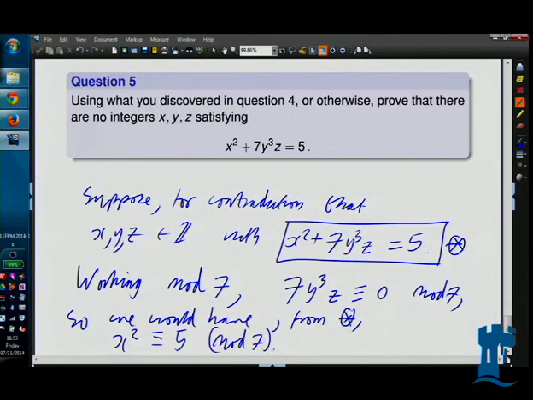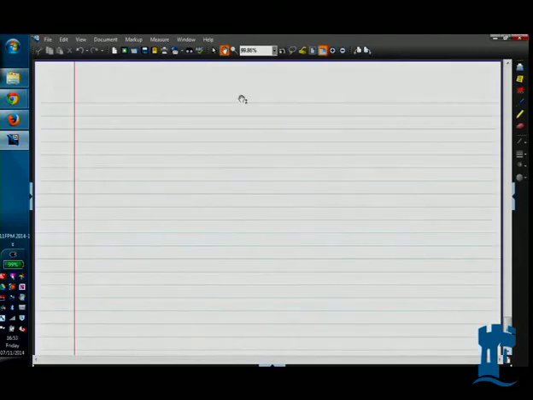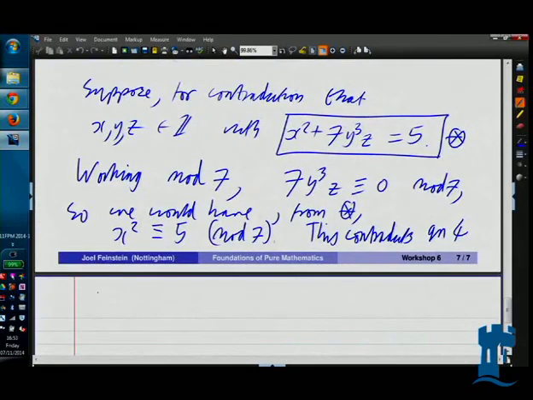But that's impossible. We know that there's no integers whose squares are congruent to 5 mod 7 from question 4. That's impossible. This contradicts question 4. x squared is congruent to 0, 1, 2, or 4 mod 7, and none of those are congruent to 5.